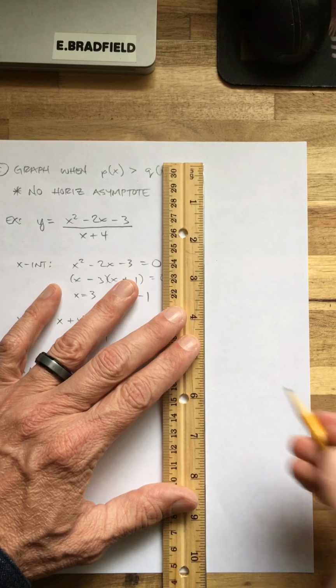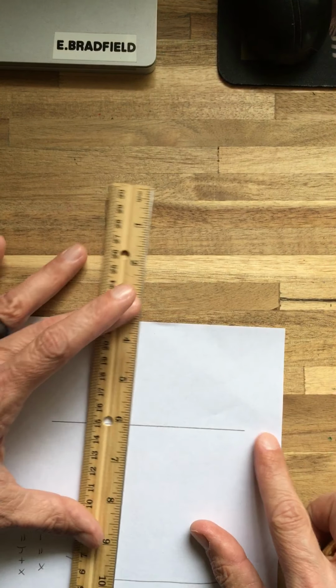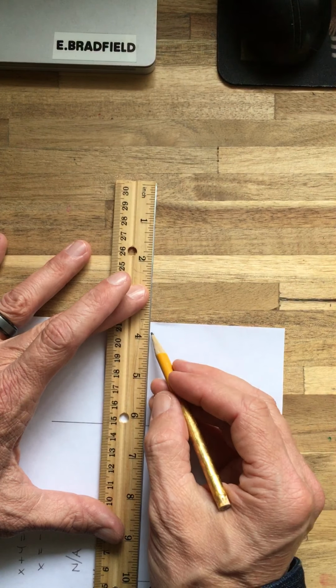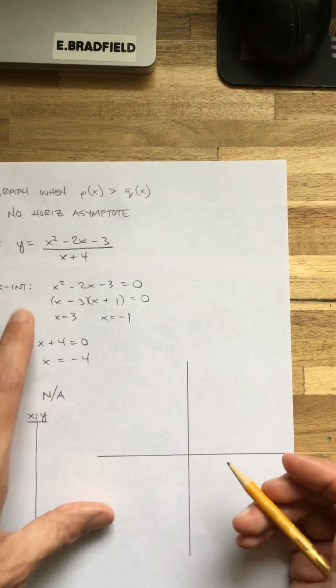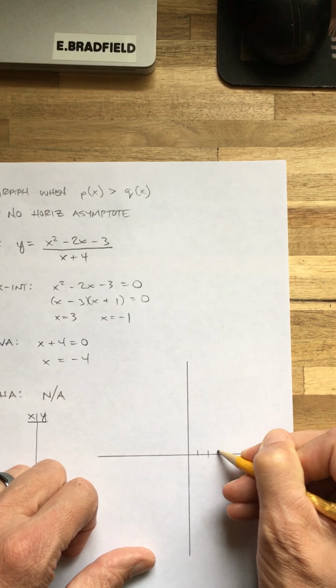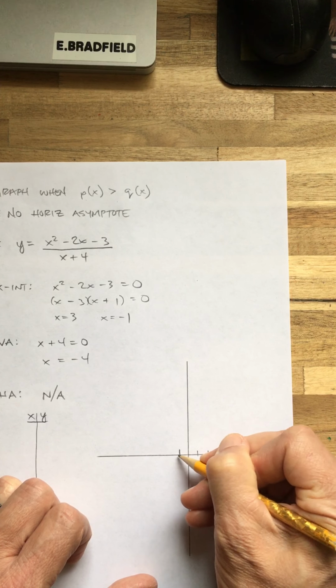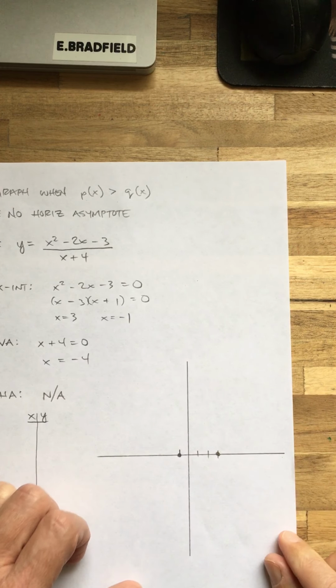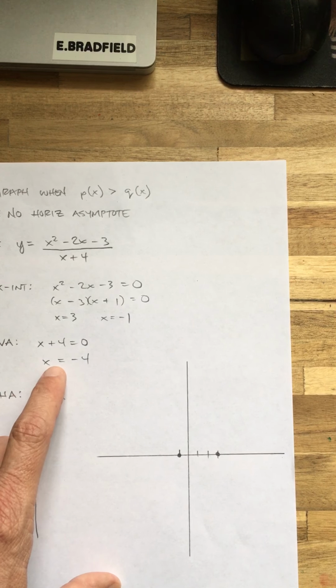And let me actually plot some of the things on the graph real quick. So let me go ahead and set up a graph really fast. All right, so my x-intercept is 3, so 1, 2, 3, put a dot right there, and also negative 1. All right, so put a dot on negative 1. I have those two. And then I have a vertical asymptote at x equals negative 4.